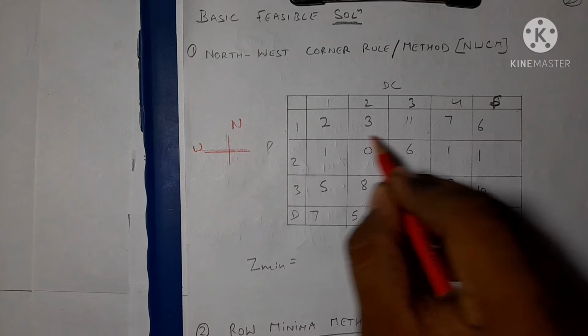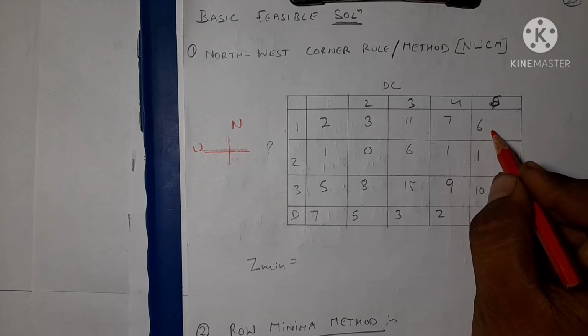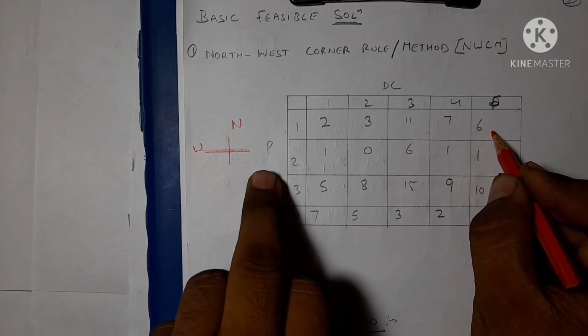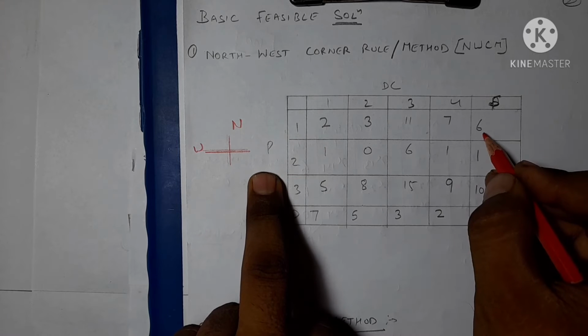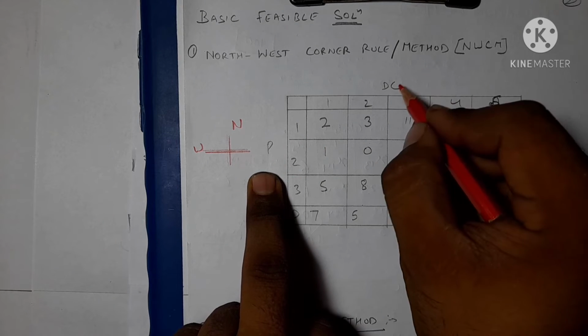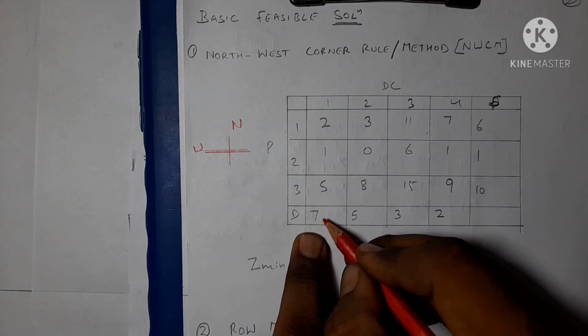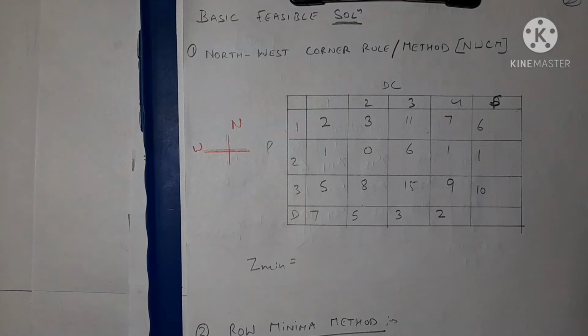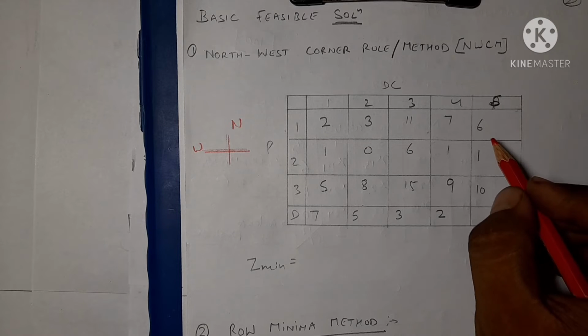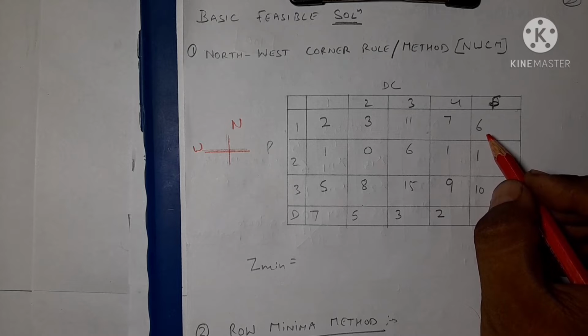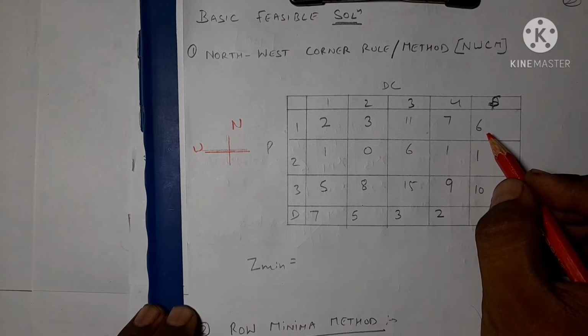And here the supply is 6. For plant we are taking P. From plant 1 supply is 6. And for DC, distribution center 1, demand is 7. But any producer can give only the product he is having with them. The maximum product plant 1 can sell is 6.